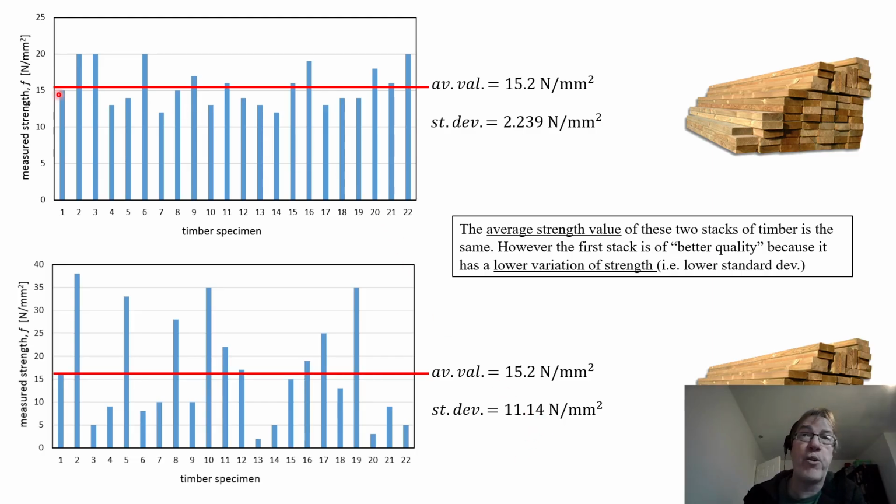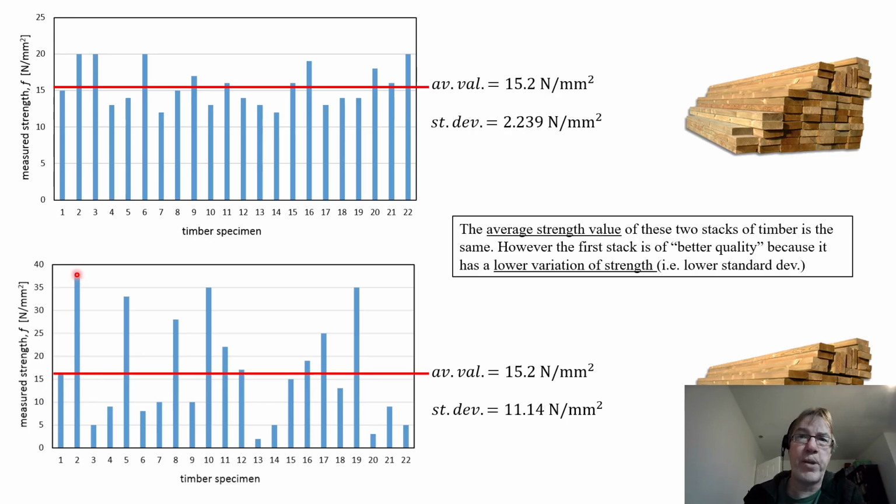Again, looking at the graphs, we can see how that looks pictorially. A lot of the material is in and around that average value, whereas on the bottom set you've got some timbers that are significantly stronger. That's 38 newtons per millimeter square as opposed to 20.